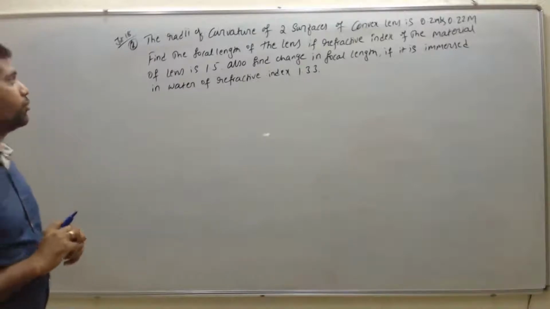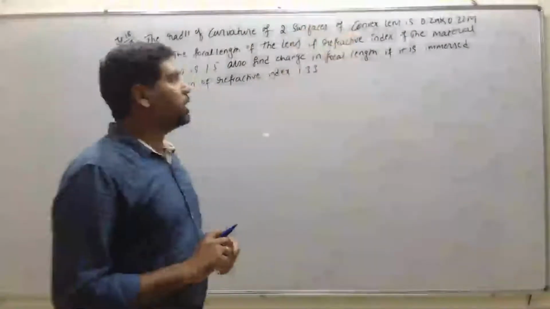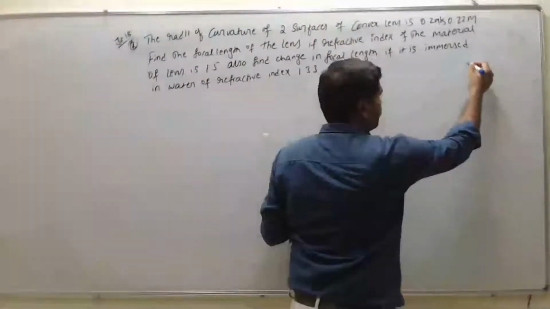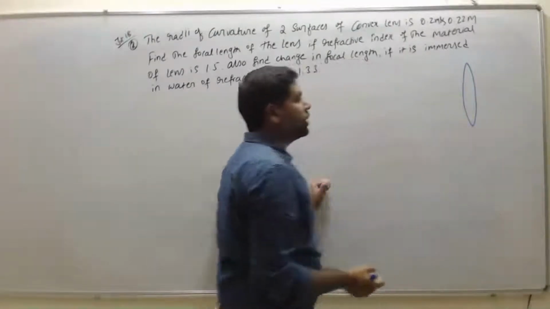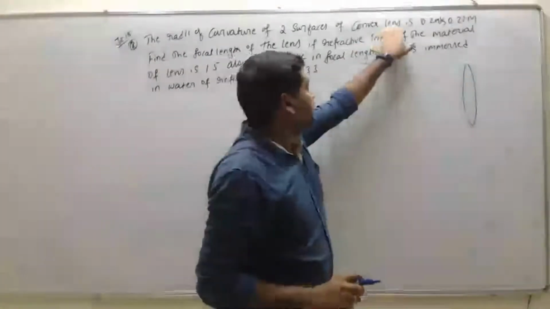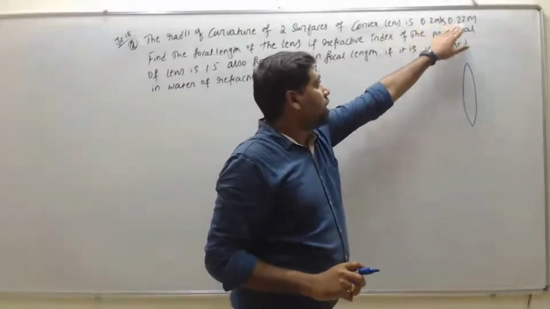Here, the radii of curvature of two surfaces of the convex lens. They have given one convex lens. So this one is the convex lens. It has two surfaces. Then the lens has two radii of curvature, that is R1 and R2.